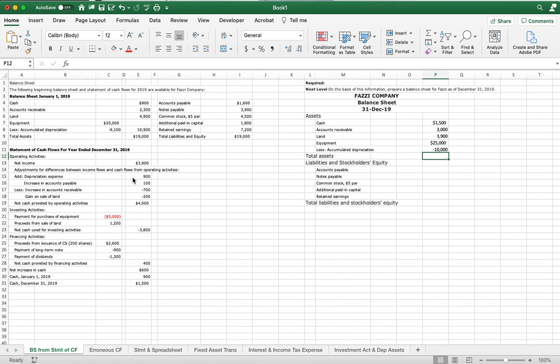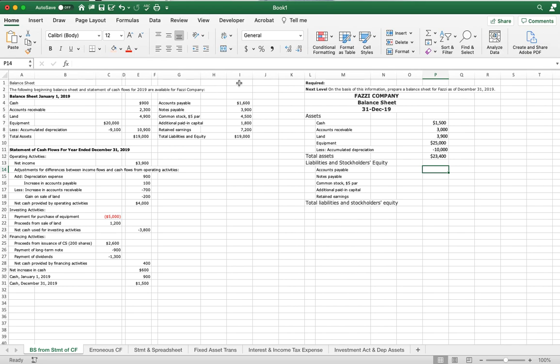So we should have a balance of $10,000. And so if we do a sum here, we get total assets of $23,400.